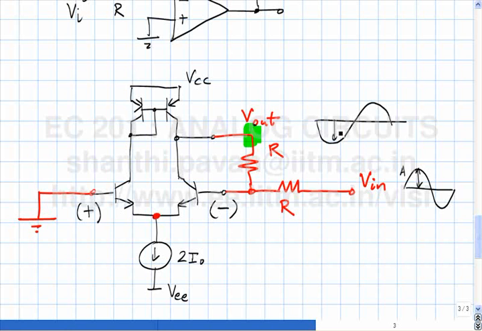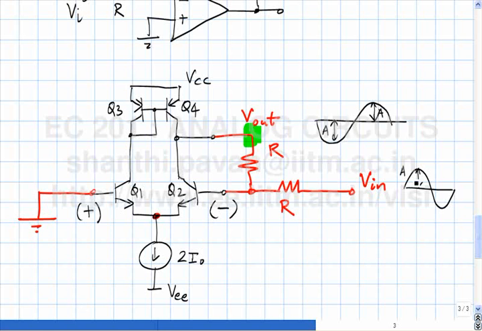This must be A. So, is there a problem or are we okay? If V in was 0, what is V out? 0. Okay?